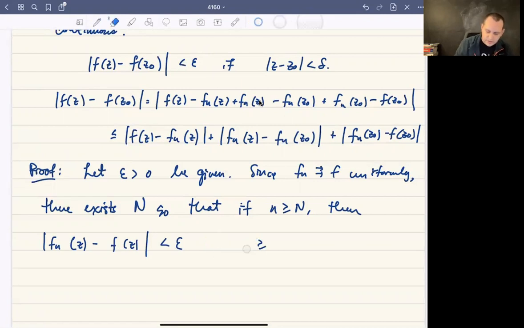Okay, and that's true. But this is true for all z.